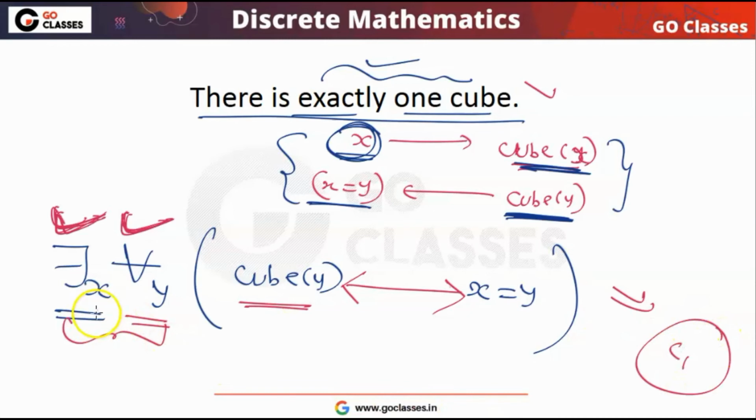Now in this scenario, this x is C1, and you can notice that for all y, when y is C1, then this is true, and because C1 is a cube, this is also true. So this expression will become true when there is exactly one cube. Okay, so I hope this is clear.